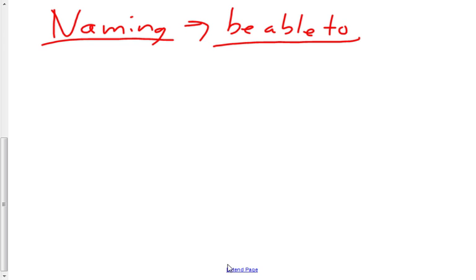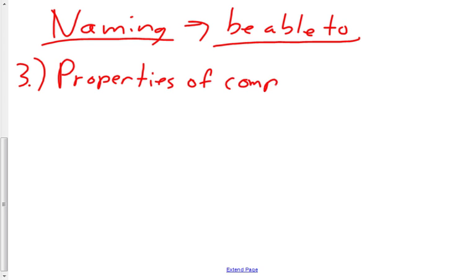After we did the naming, we went on to, well, it was actually lesson 4, the properties of compounds, and we did a lab on that. Would it be important for you to be able to explain to me possibly how you would separate several unknown compounds or identify several unknown compounds?